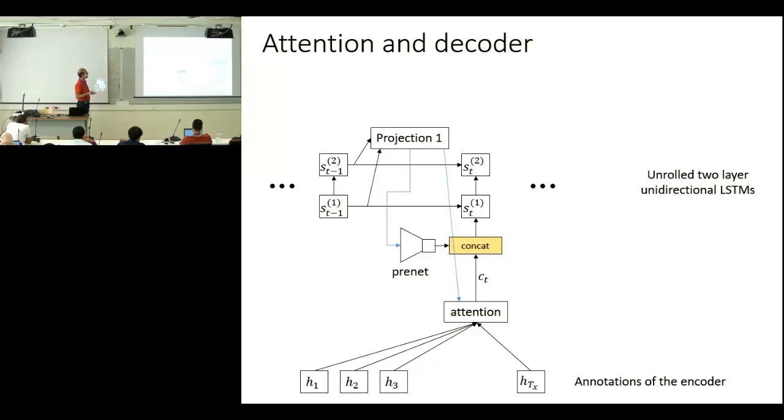Also inside the decoder we have this prenet, which in the paper is described as an information bottleneck which helps to reduce the noise, and we have this projection layer which projects from the hidden state to the output representation, for example 80 filter banks.